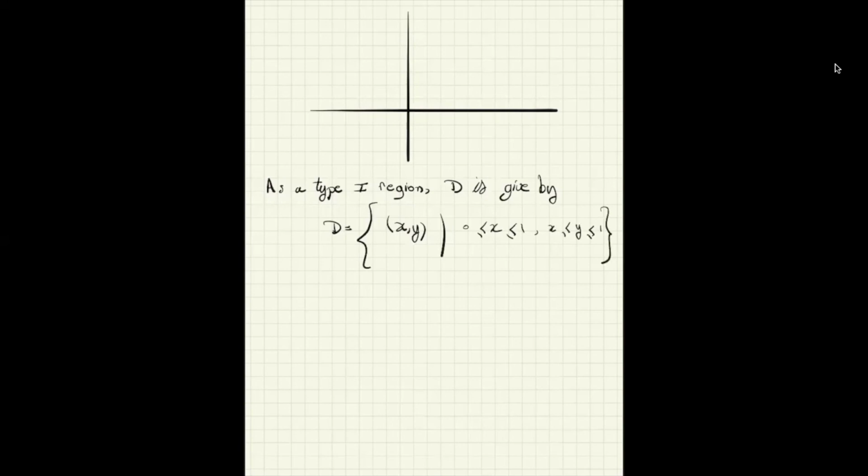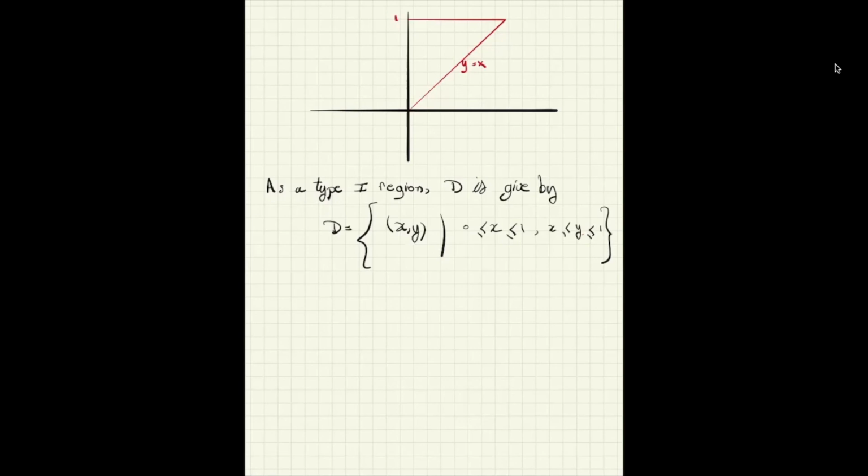So if you try to plot this thing, we have y equal to x on one side, we have y equal to 1 on the other side, right? So this is 1, and this is y equal to x, right?